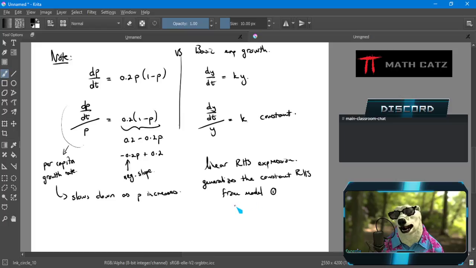If we look at the per capita growth rate in the very simplest case, it's always the same. It doesn't get affected by the actual population size. One step up, and it becomes a straight line, linear change. And then, of course, one can go further and make it quadratic and so on. But linear is a very big improvement, and the complexity in the differential equation is still manageable.